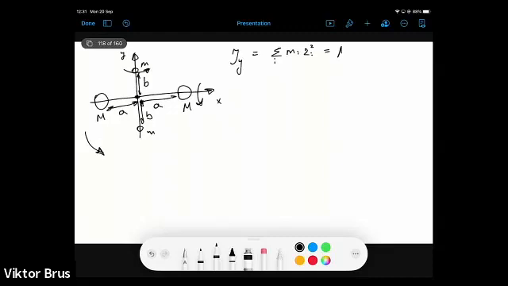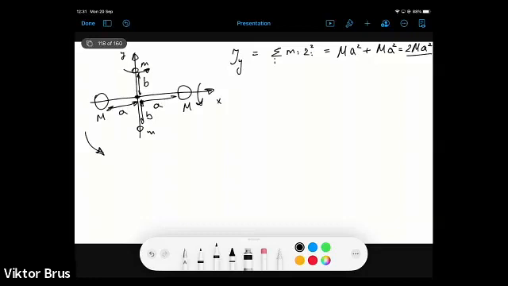It will be M times a squared plus another body M times a squared, which will be 2M times a squared. So this is the moment of inertia of this system of four bodies with respect to axis y.